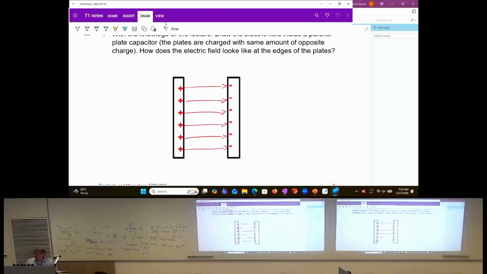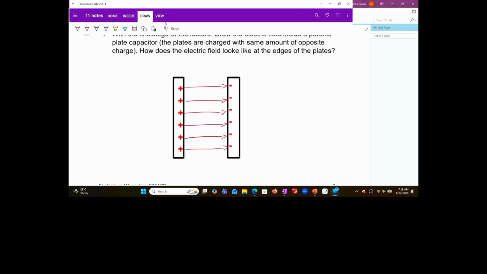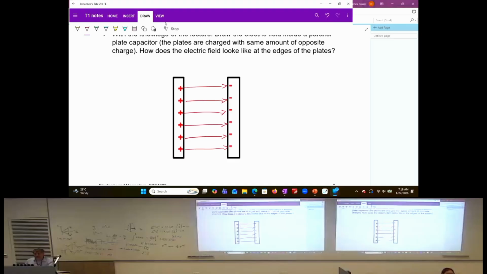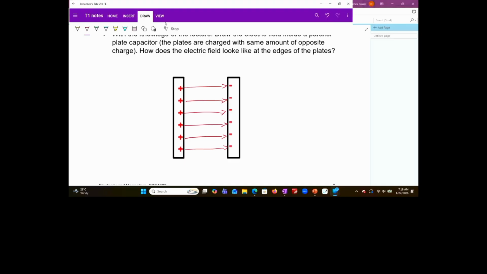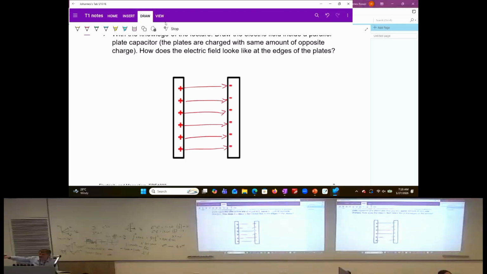Yeah, this is correct for the capacitor. You have it curved here, and these lines are not only straight, they're also spaced equally, in equidistance. The spacing indicates the variation of the strength. If the spacing stays constant, then the field strength stays constant. So you have equally spaced field lines in this parallel plate capacitor.